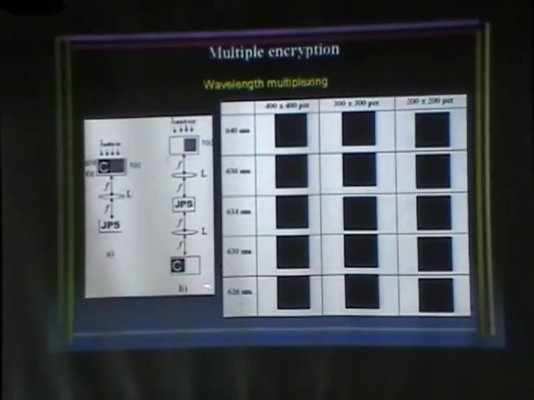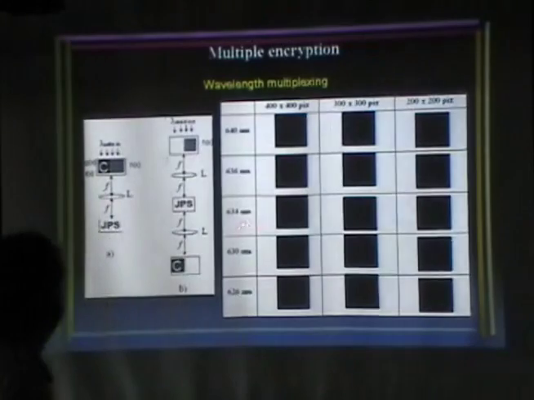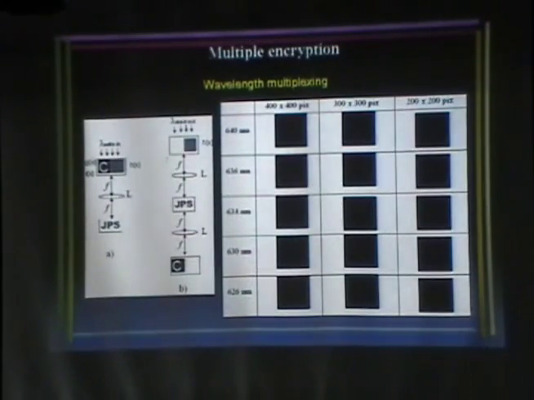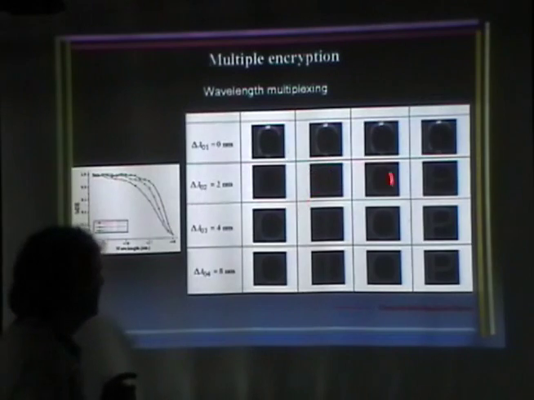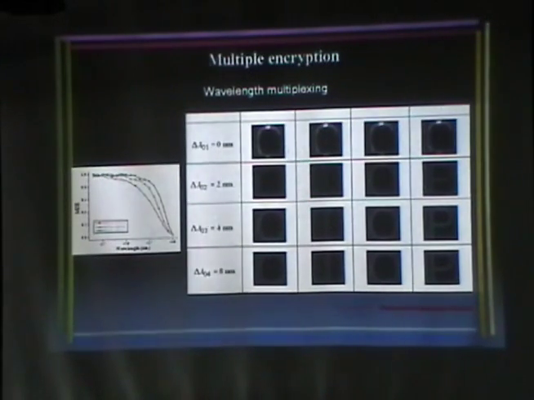So it's harder to see now. Well, in fact, I don't know if it's possible to see this image, you have to separate the colors, the wavelengths, enough in order to avoid crosstalk between the inputs that you are encrypting.